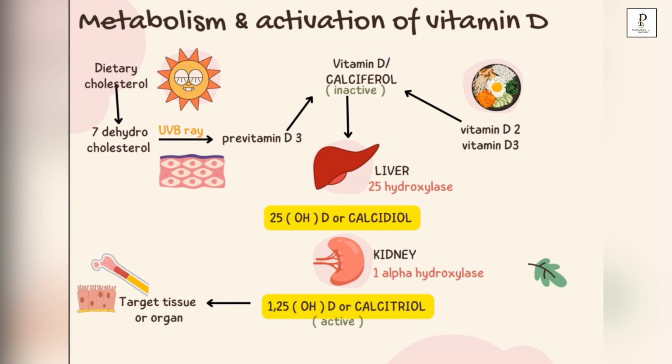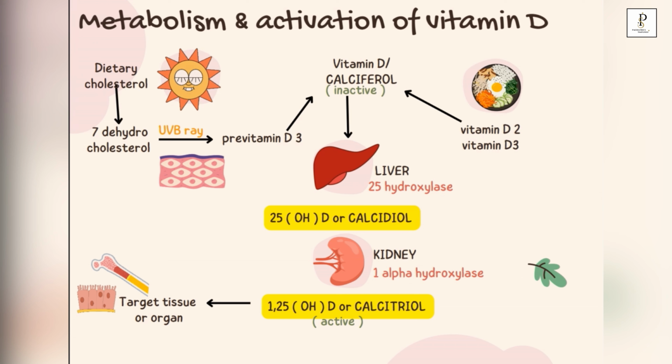When a person takes cholesterol in the diet, it goes into the skin and converts into 7-dehydrocholesterol. And when UVB ray of sunlight falls on this 7-dehydrocholesterol, it converts it into pre-vitamin D3. Then this pre-vitamin D3 is a precursor of vitamin D3 and it converts into vitamin D3 or cholecalciferol. So the form of vitamin D that is synthesized in the skin is vitamin D3 or cholecalciferol.